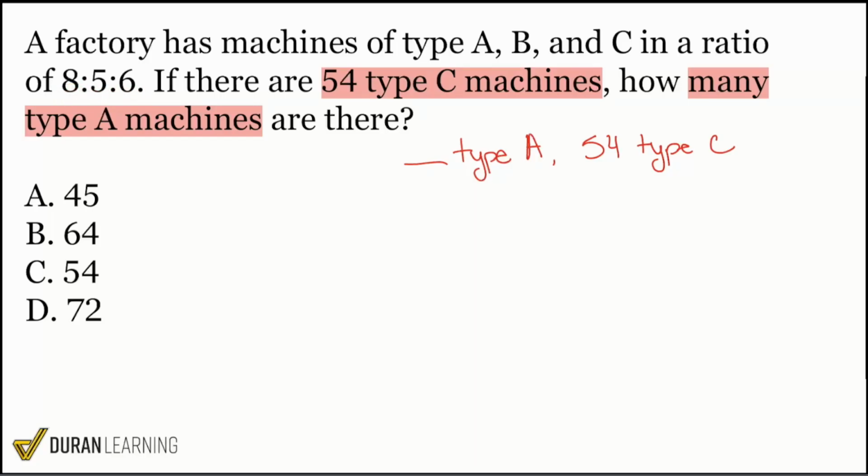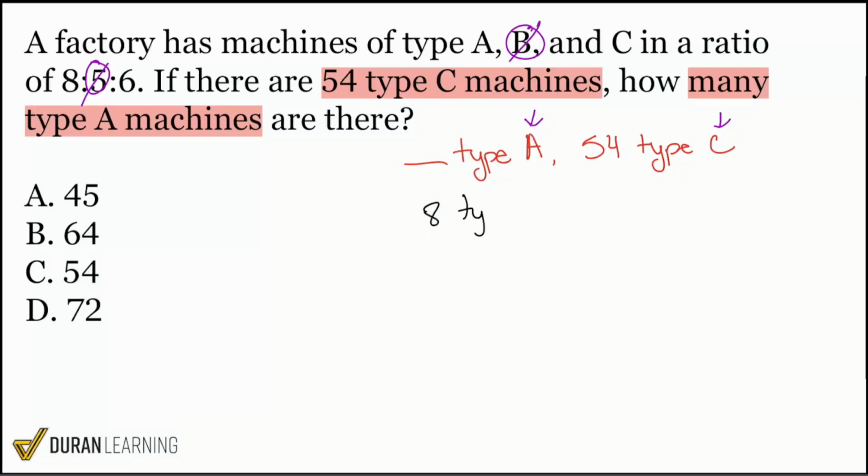The 5, exactly. When we take a look at this, we have type A, B, and C. So B is in the middle. 8, 5, and 6. 5 was in the middle. We don't care about type B here. I only care about A and C. And we have 8 and 6.